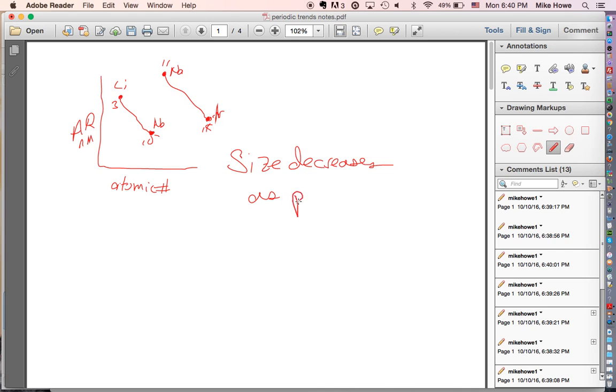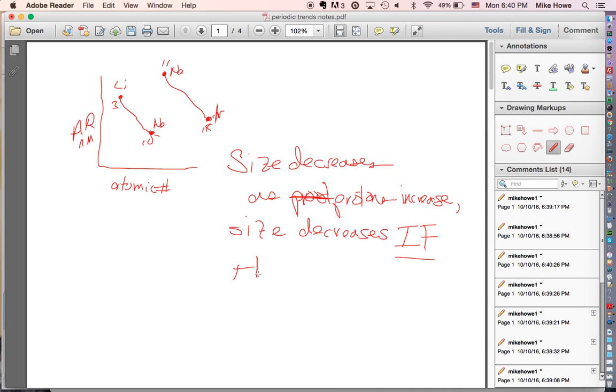So as protons increase, size decreases, if, and this is a big if, there are no new energy levels.